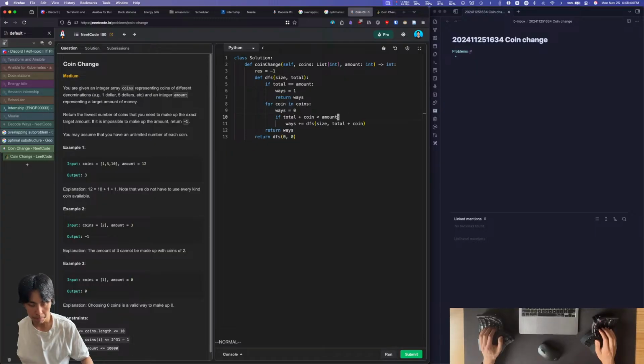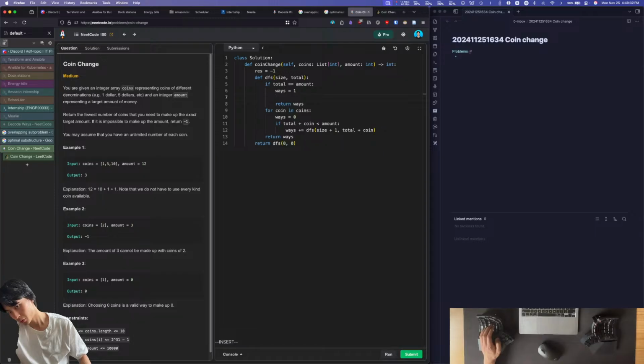What am I looking at? Size plus 1. Size is equal to 0. Gonna return min.